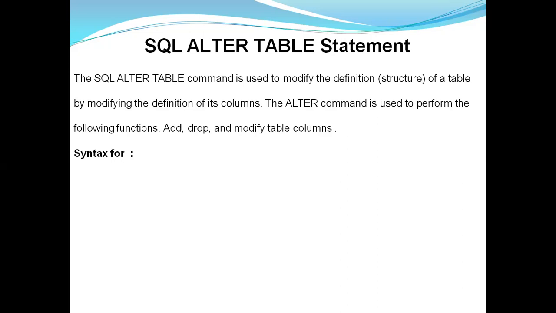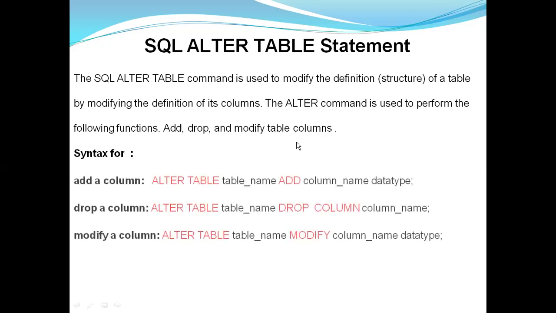Simple? Syntax wise, it is also very simple. We have to do three things: adding the column, dropping the column, or modifying the column. The syntax for that is alter table, table name.